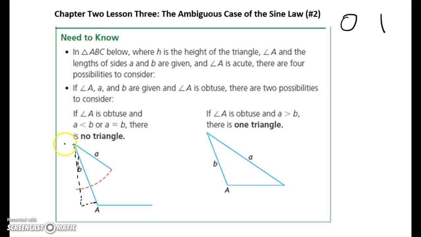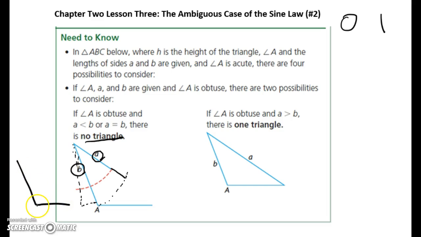Okay? So in this case, all you have to do is compare your side A and your side B. If your side A is less than side B or it's equal to side B, then there's no triangle possible. In this example here, it actually demonstrates what happens if your side A is less than side B. But suppose it were equal to side B, what would happen is that if you were to swing this leg on down, it would actually meet right at the point, at that angle A, and in which case, the only thing that you would have drawn here is an angle.